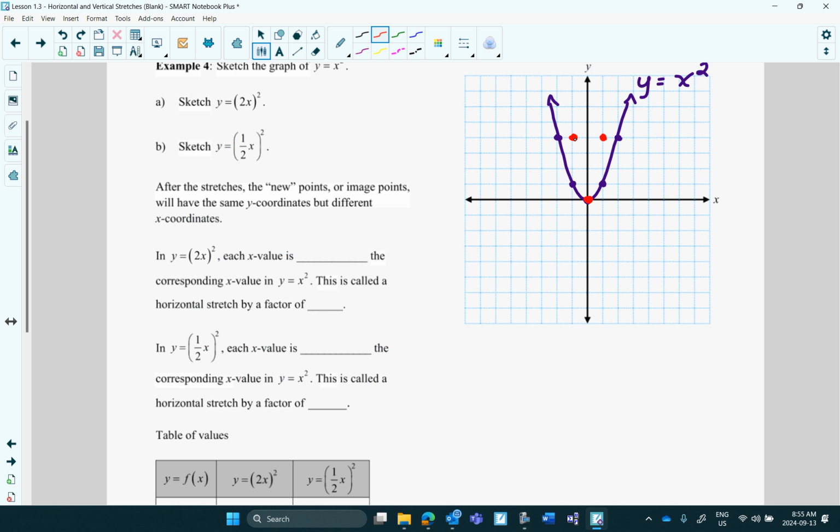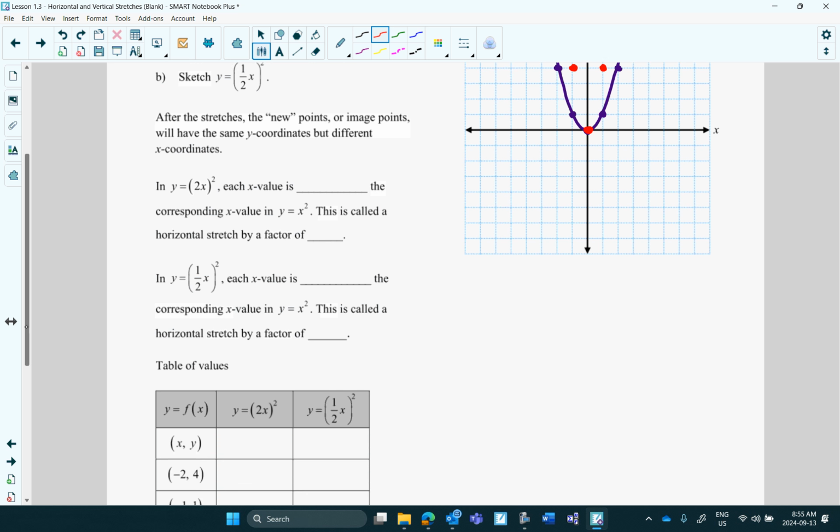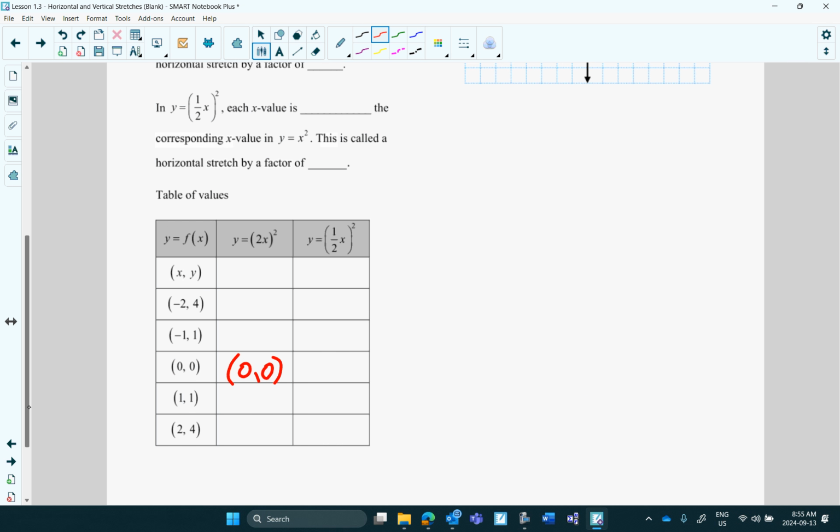So when I kept the y's the same, y equals 1, what happened to the x's? So here, remember, what was the y towards the 4 on 2x squared?